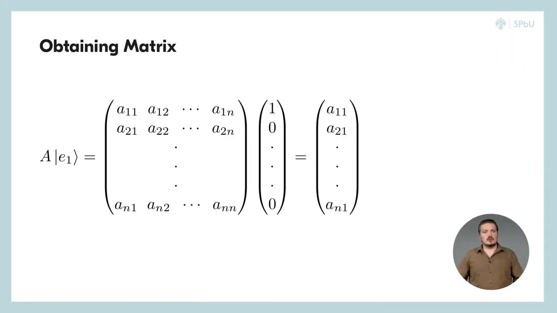Well, it's pretty obvious that we obtain the vector which is identical to the first column of the matrix A. And with any other vector of this kind, with single 1 in place k, the action of A on this vector will result in the kth column of the matrix.